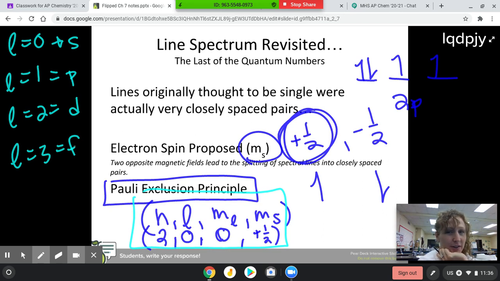Peyton, check your L value. Ooh, nice, Lainey. Nice, Callie. Kaya, check your L value.